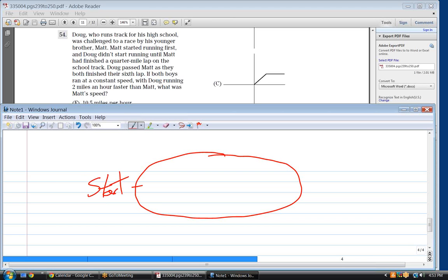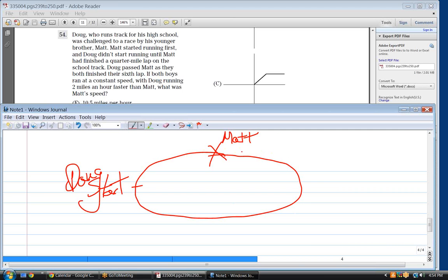Okay. So Doug doesn't start running until Matt has finished a quarter lap. So when Matt gets to there, Doug starts. Here. Yeah. Okay. Matt goes around, Doug follows him.